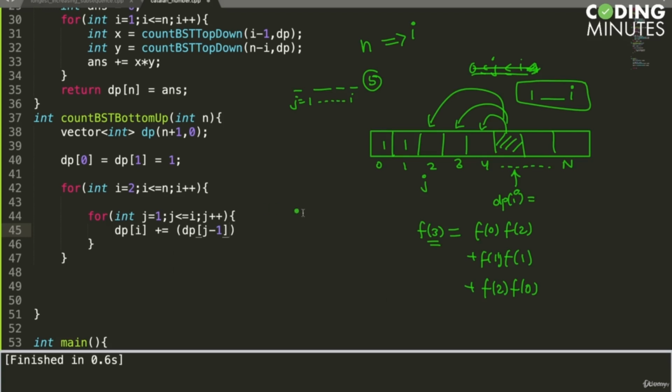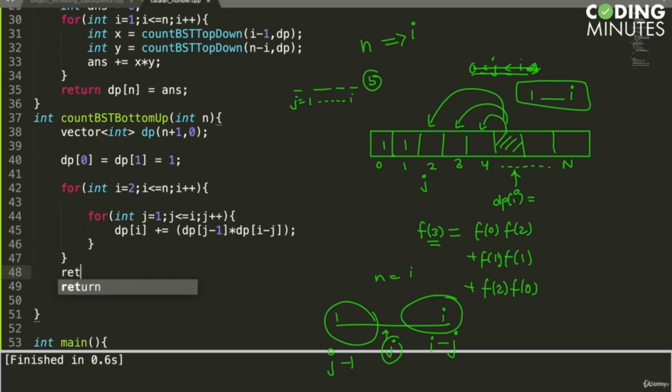If I'm computing for a value of n that is equal to i, so if I make this jth node as the root node, then I will have j minus 1 nodes in the left, and I will have i minus j nodes on the right. So this is what I'm doing. So this term would be dp of j minus 1 multiplied by dp of i minus j. That's it, and from here we can return dp of n.